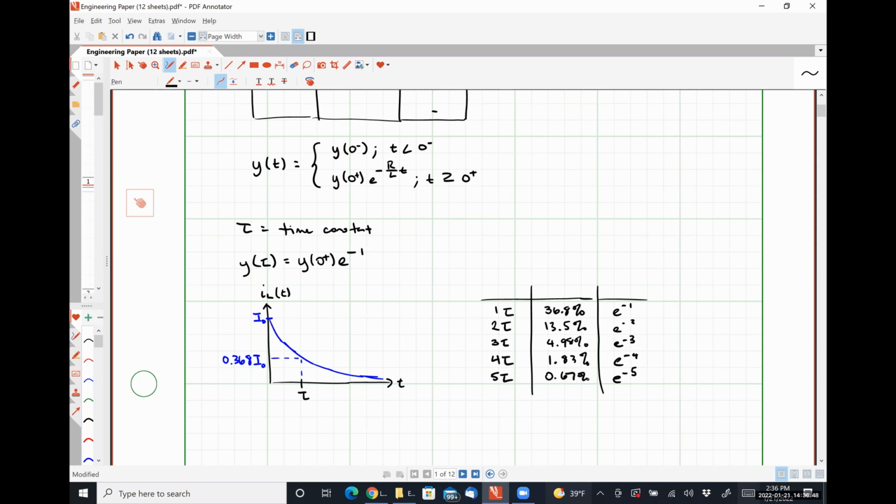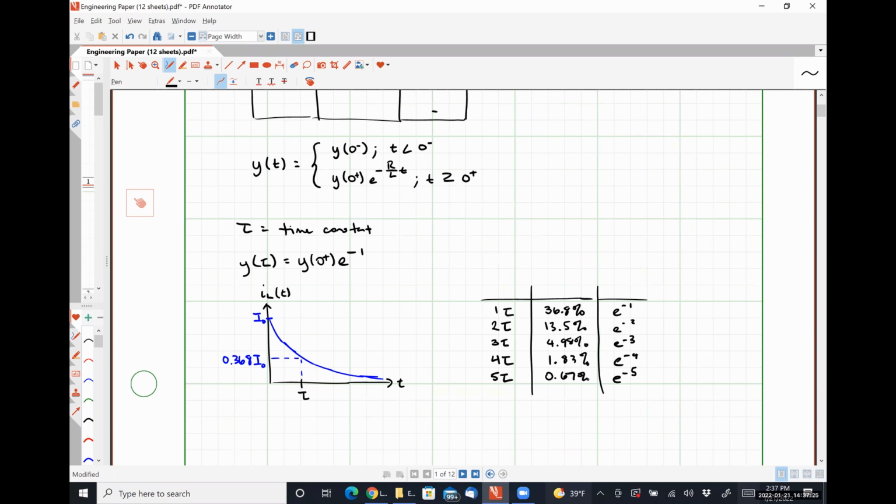So in 5 time constants, our signal has gone from full strength, whatever that happened to be, down to less than 1% of its original value. Engineers treat 5 time constants as effectively infinity, because at this point, our inductor has pretty much fully discharged to all noticeable or measurable degrees, okay?